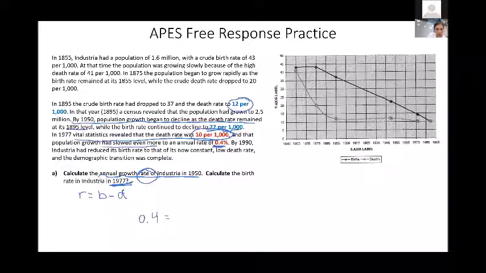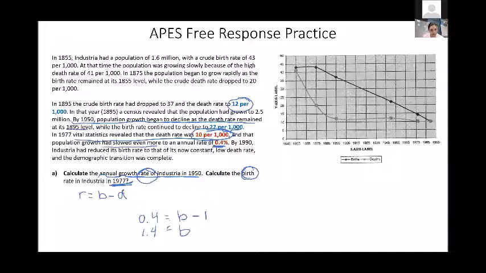I'm trying to determine the birth rate, but I do know my death rate. My death rate was 1%, which is 10 over 1,000. So I just solve my little problem here. I add 1 to this side. So 1.4 is the birth rate, 1.4% in 1977.